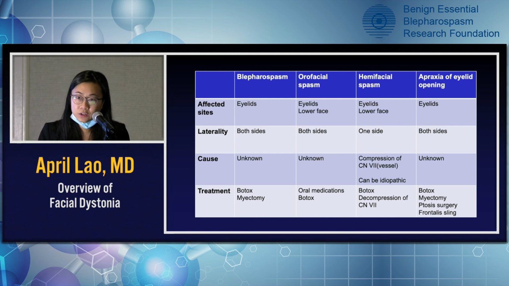The cause is largely unknown or poorly understood for these conditions, except for hemifacial spasm, which is usually compression of the seventh nerve. Botox is a mainstay of treatment for all of these, except for orofacial spasm, where you'll want to consider systemic medications. And hemifacial spasm, if you have that vessel compression, you can consider that decompression surgery.